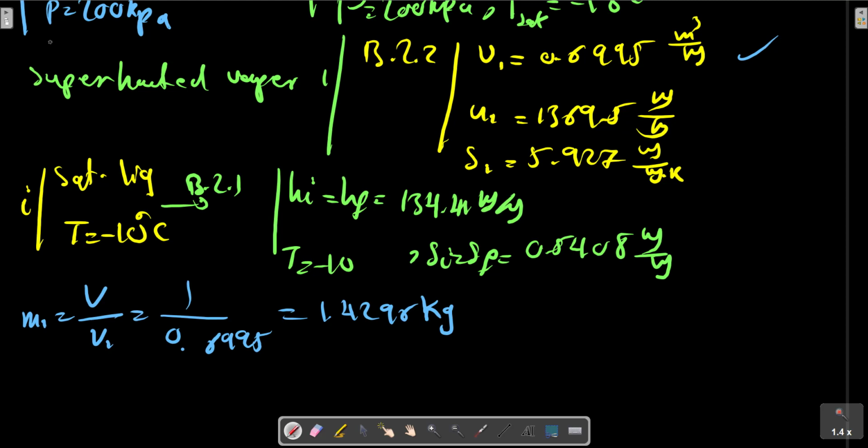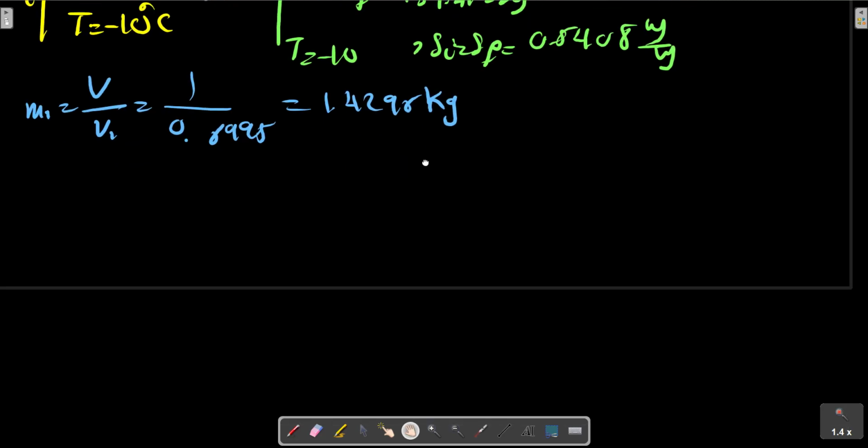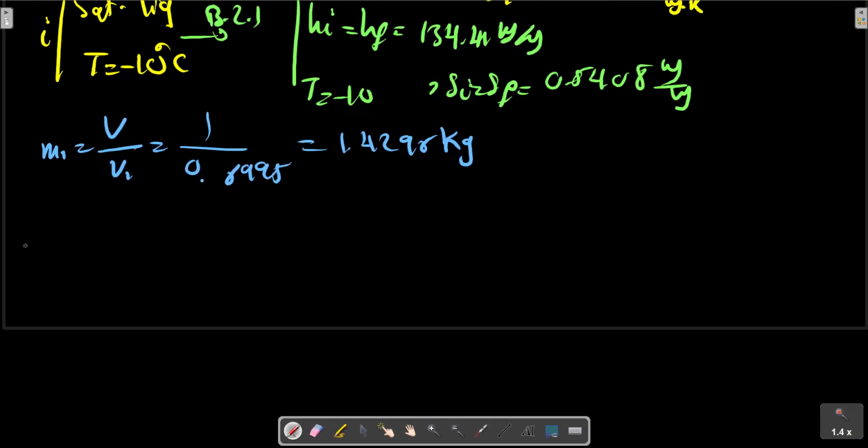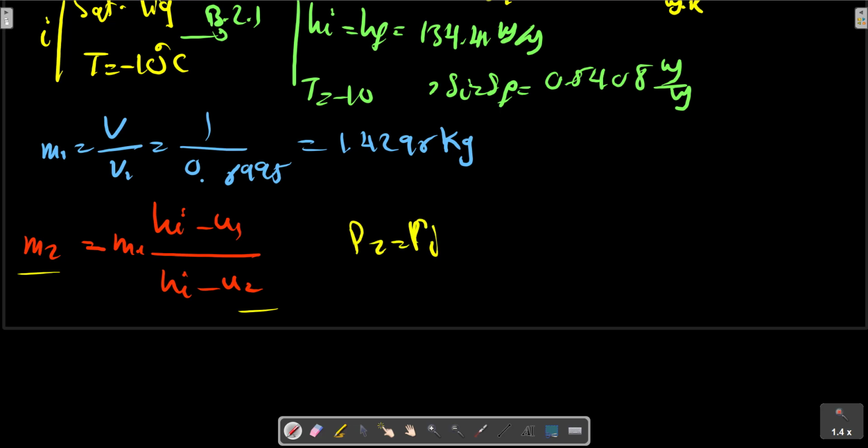It is observed that only the final pressure is known, so one property is needed. The unknowns are the final mass and the final internal energy in the equation for the m2 that we obtained before. We have two unknowns, pressure P2, P saturated.